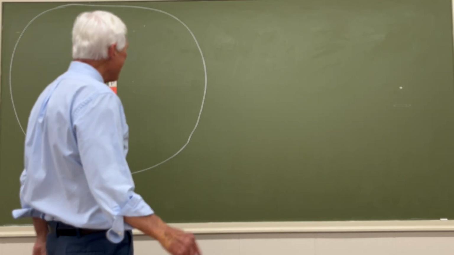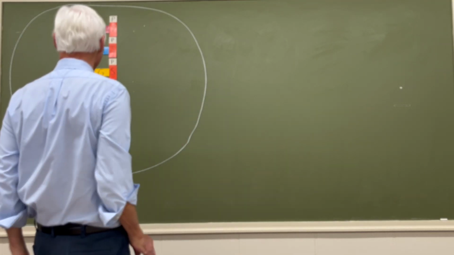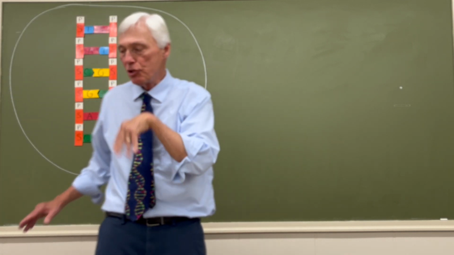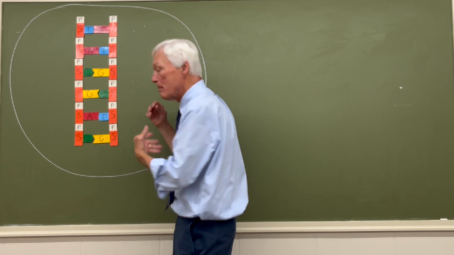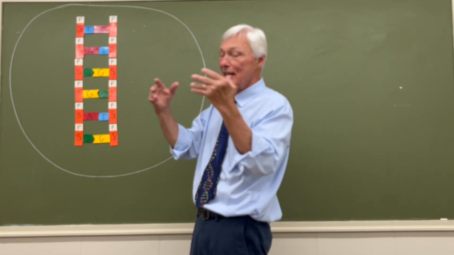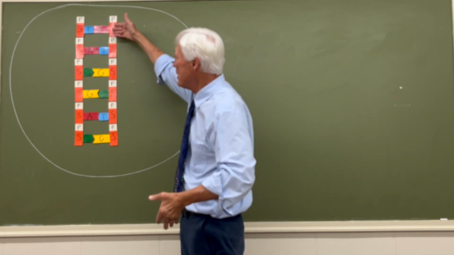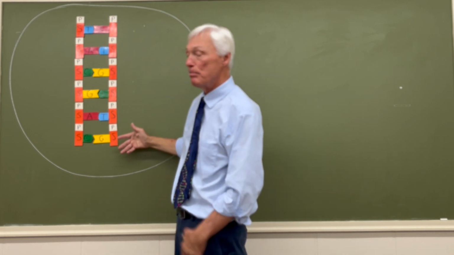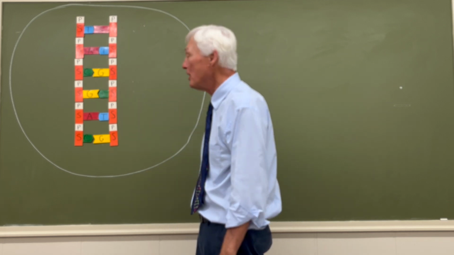Now, if we come back here to the chalkboard, look at our DNA molecule. Again, this is just a tiny little piece of DNA. Remember I said all the DNA in just one of your cells is like 3 billion base pairs, not 6 base pairs like we're looking at right here, but 3 billion.